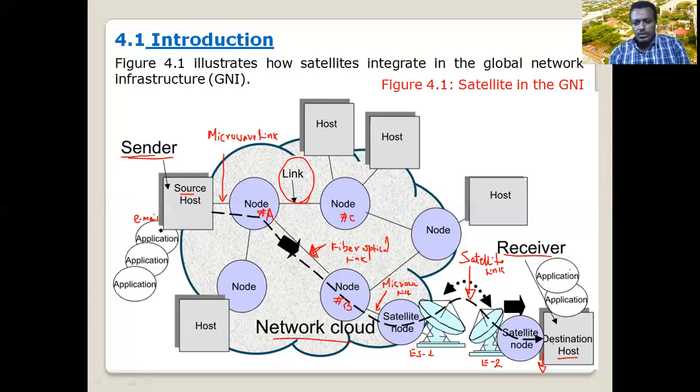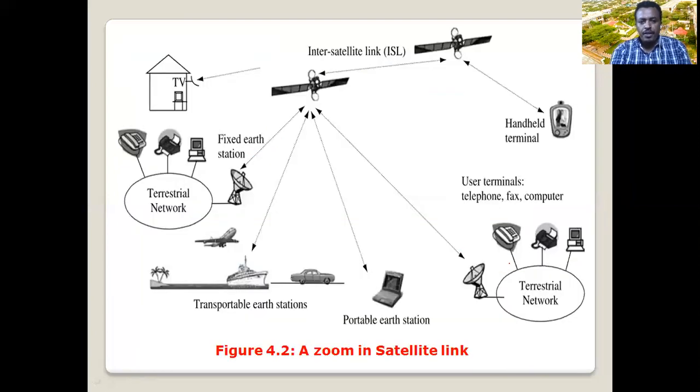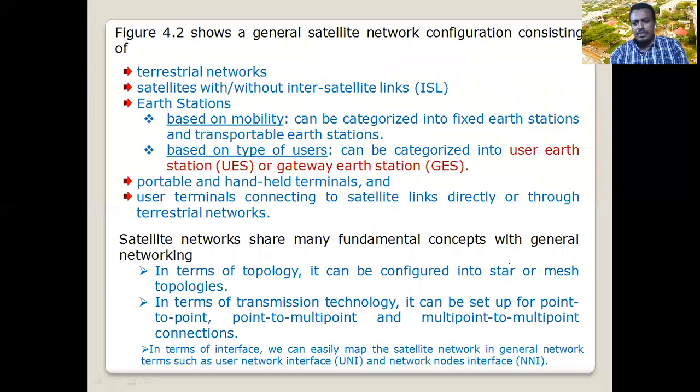Now let's go into a little more detail on this satellite link. Let's zoom in on the satellite link. When you see a satellite link, the first thing is that we have networks on the ground.